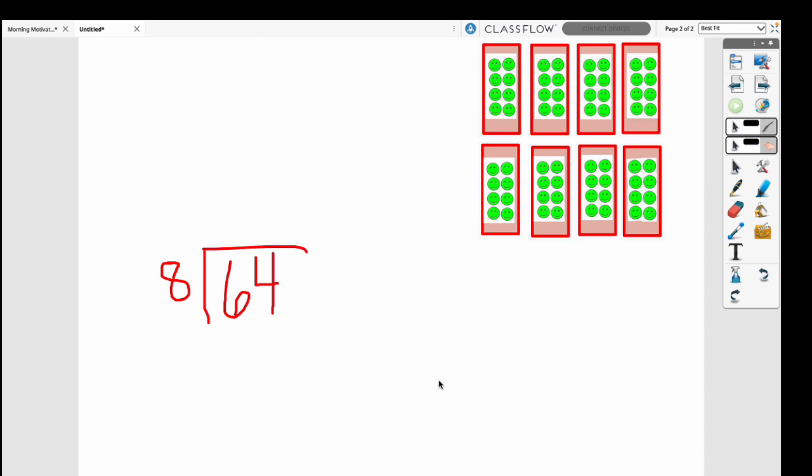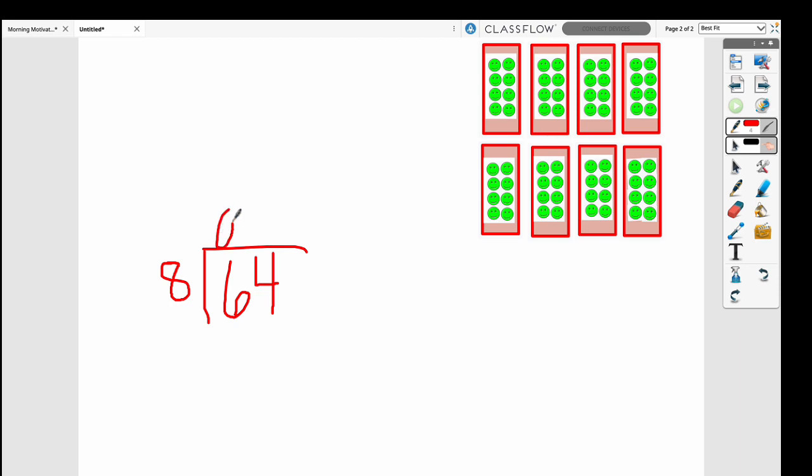So when we're answering the question, how many equal groups of 8 can I make out of 64? So I had a total of 64 kids, and when I do the math and actually group the kids together on the same bus, I have 1, 2, 3, 4, 5, 6, 7, 8.